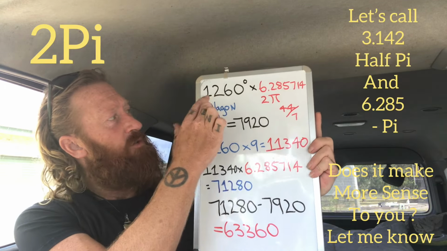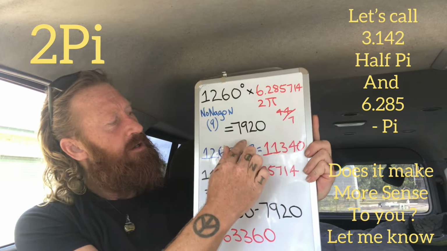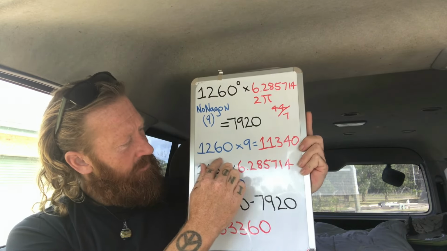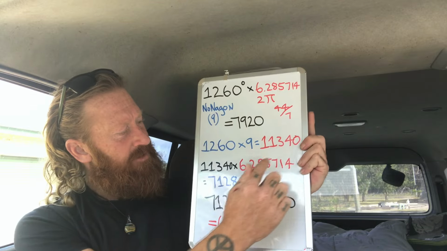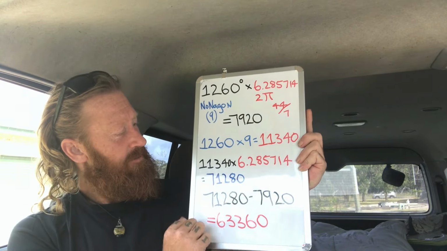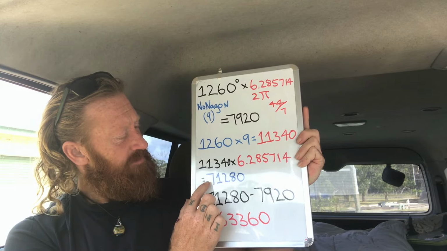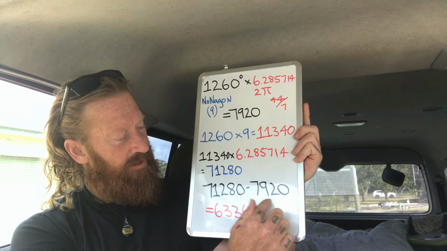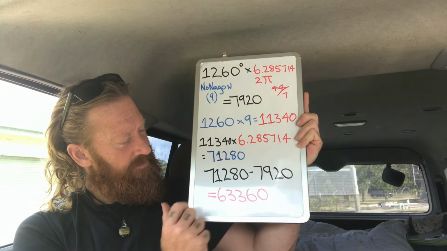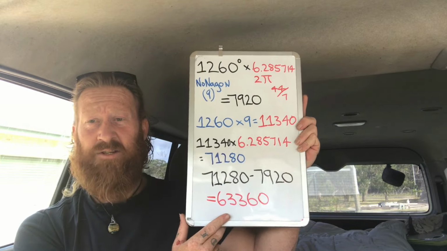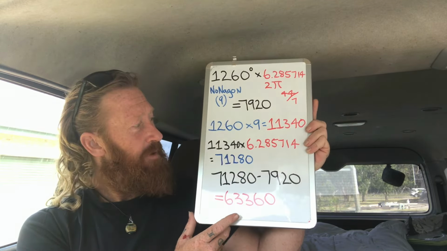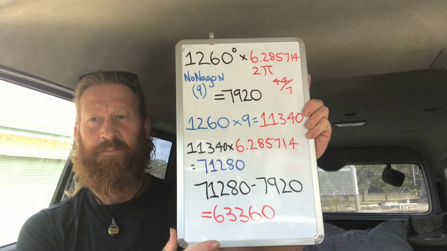We've already done the 1260 from the Nonagon by pi, got the equatorial diameter of Earth, and now I've just decided, okay, let's times it by 9, get this answer, let's times that by 2 pi. And we get 71,280. We just minus the equatorial diameter by this, and we get the inches. We get the same inches as 12 times 528, but we've derived it from this very simple other method.